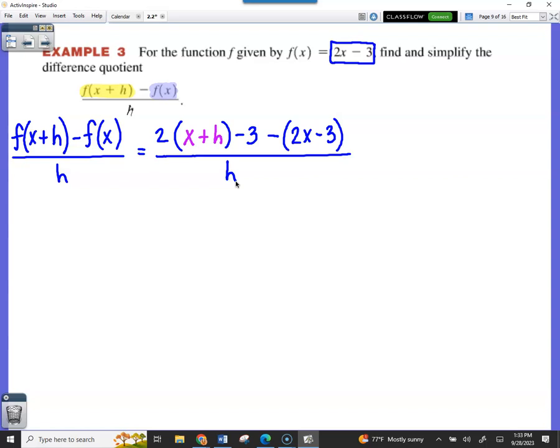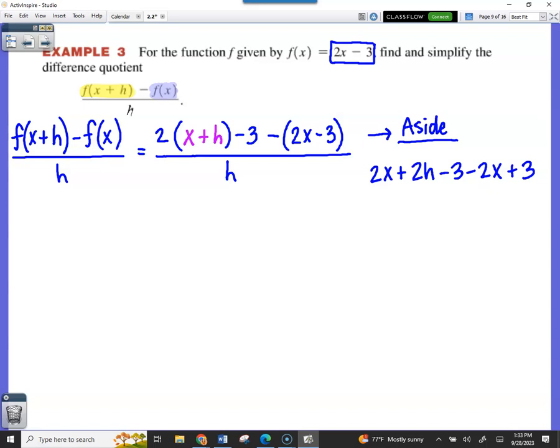I personally don't like cleaning it up all over the h. I like to do what's called an aside, where I come over here and I just work with that top part because I know the bottom is h, right? So I'm just going to come over here and start working with it. I'm going to distribute the 2, copy minus 3, and I'm going to distribute the negative. See what I did there?